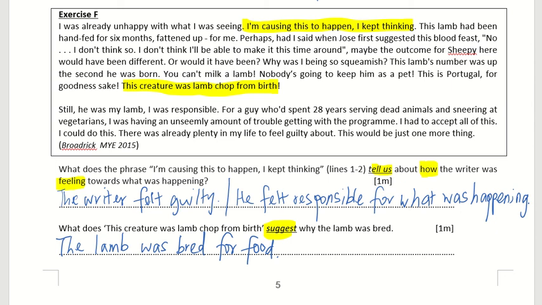What is another clue here? Nobody's going to keep it as a pet. You can't milk a lamb. So, what is it meant to be done? It was bred to feed people.